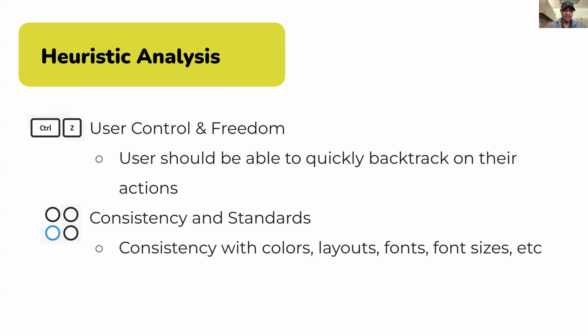Also keep your interface consistent, with consistent fonts, colors, font sizes, etc. You don't want to change up the color scheme so much that going to a different page feels like they're going to a different application altogether. So it's nice to have that consistency.